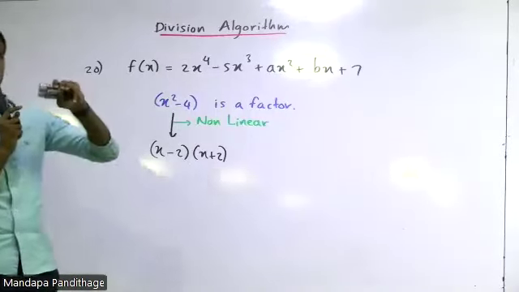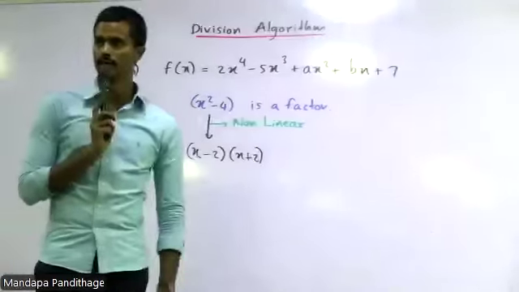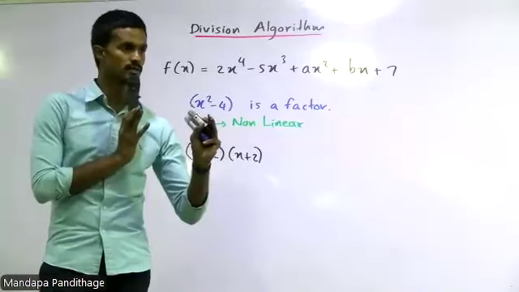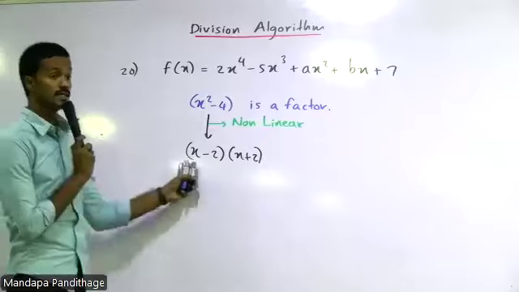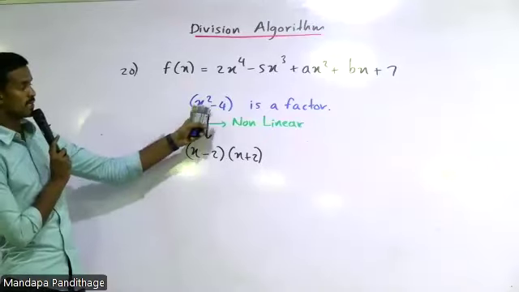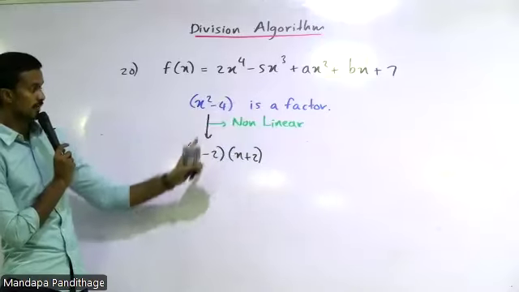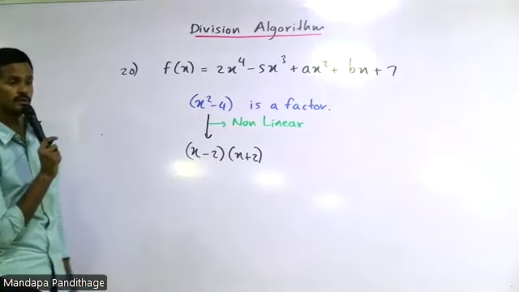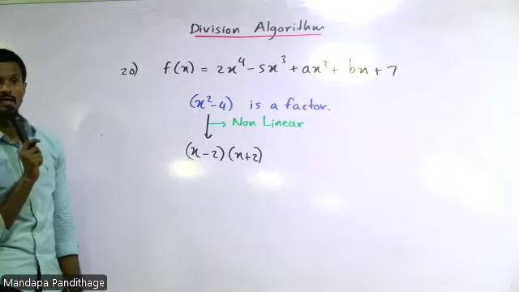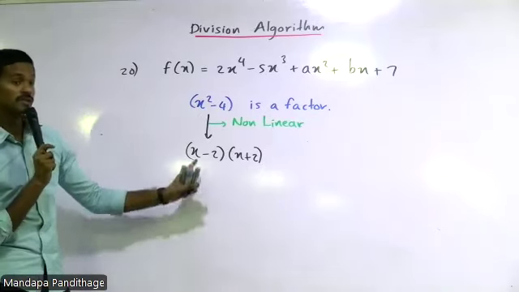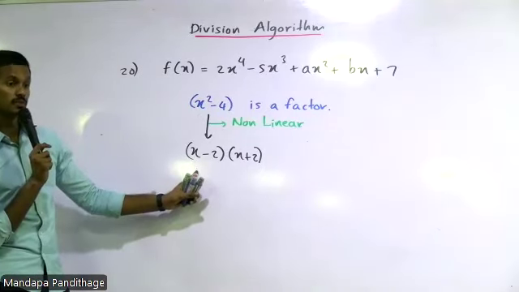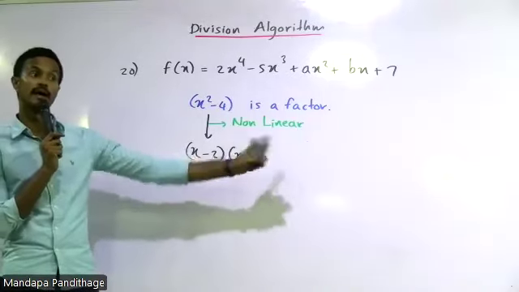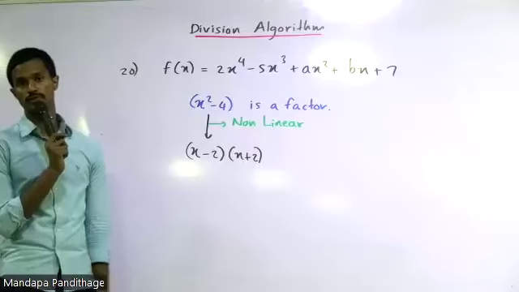If we have a product as a factor, A into B is a factor, then separately the two terms are factors. So if x squared minus 4 is a factor, that means x minus 2, x plus 2 is a factor. This product is a factor. So what can you say separately? Both x minus 2 is a factor and x plus 2 is a factor.